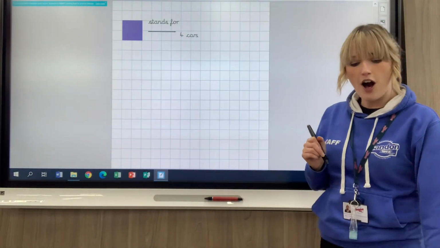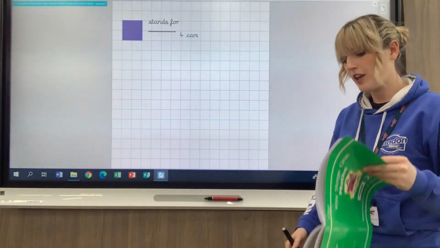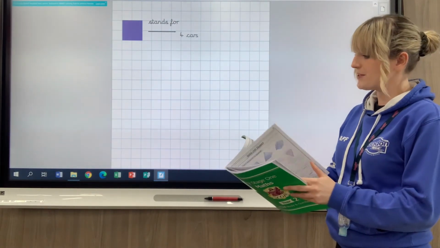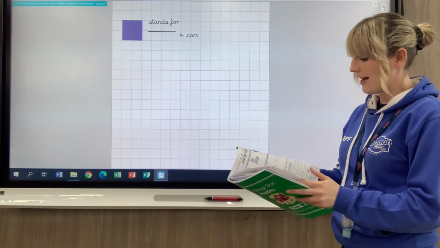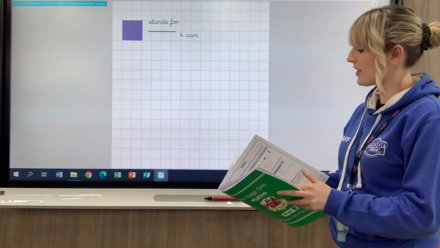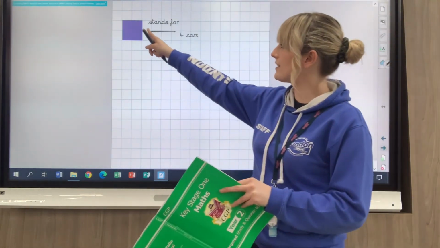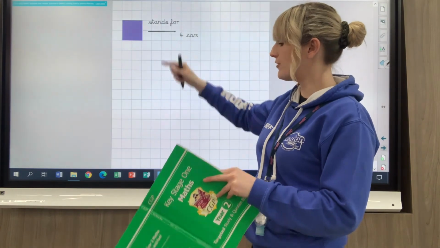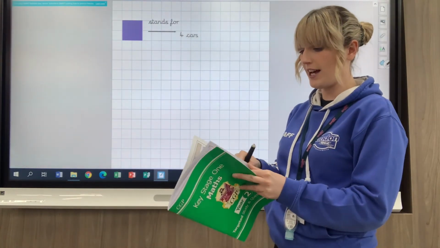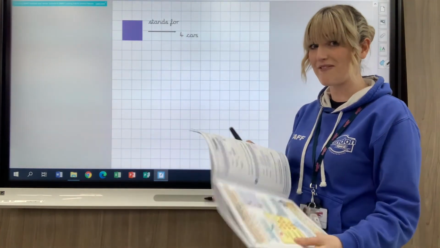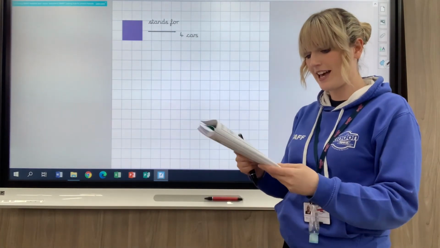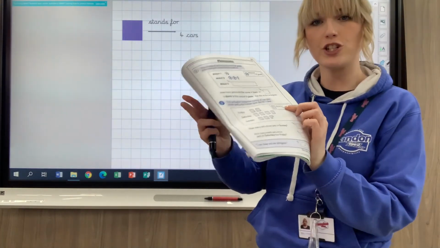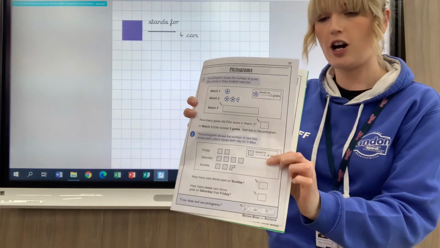Okay, on page 77, on one of your pictograms, you've got a question, and this is your key. Okay, so it says that the full square stands for 4 cars. So if I turn to page 77, if I can find it. Okay, so it's on question 2 and it stands for 4 cars.